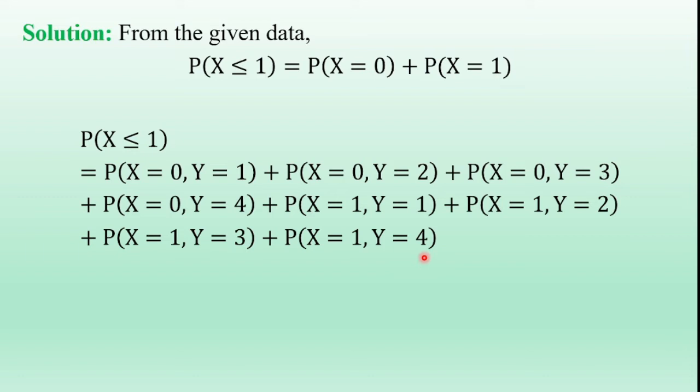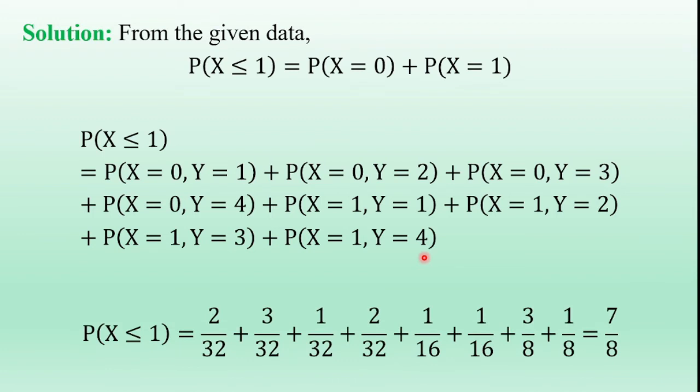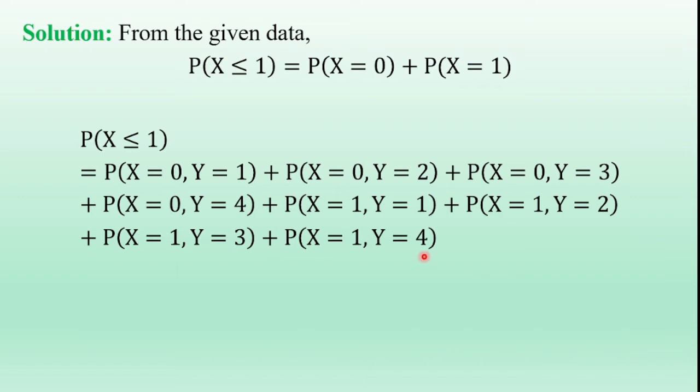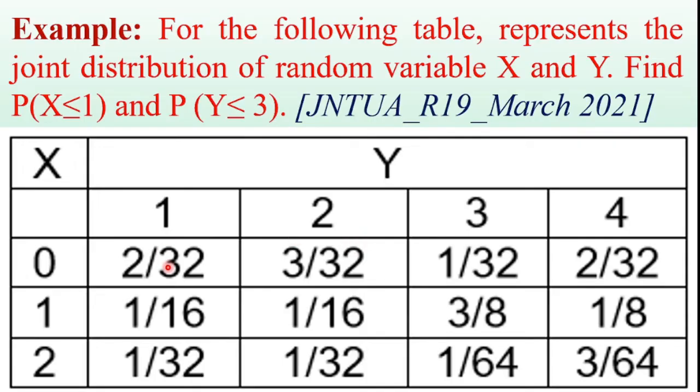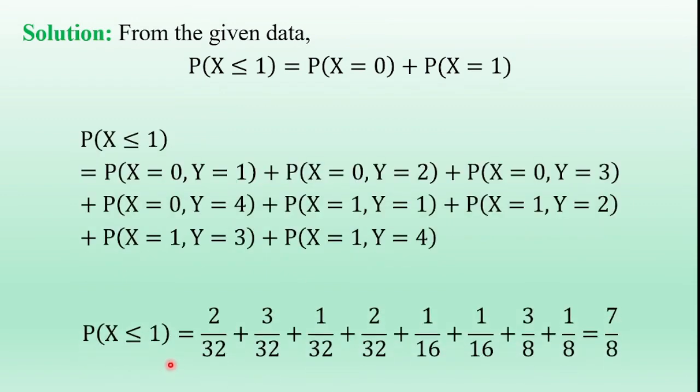Substituting all the probabilities here, we get probability of x less than or equal to 1 is 7 by 8.